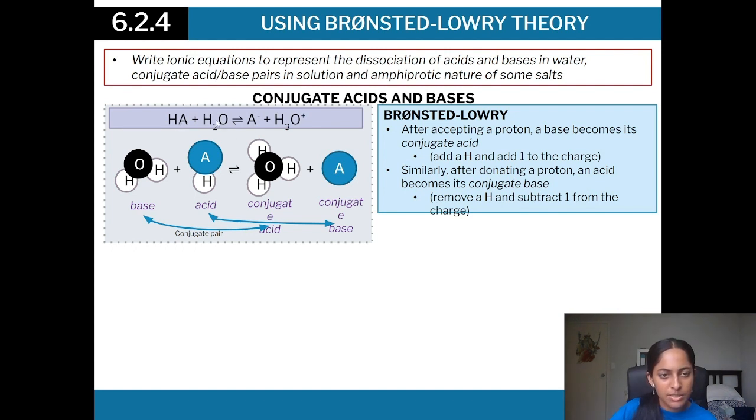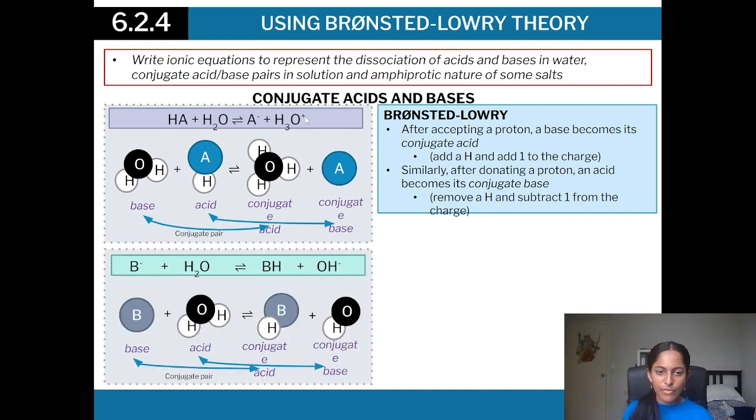Once it's given its proton away, it becomes a base. Whereas water is currently acting as a base because it's reacting with an acid, and once it accepts a proton from the acid, it becomes a conjugate acid over here. So from a base, it becomes a conjugate acid. Hopefully that makes sense.